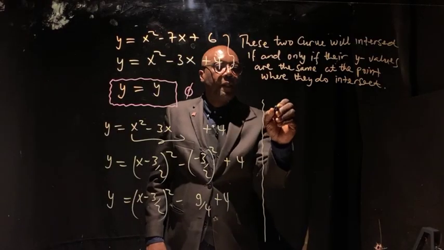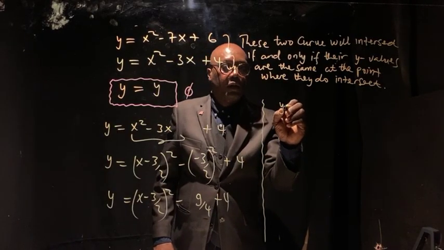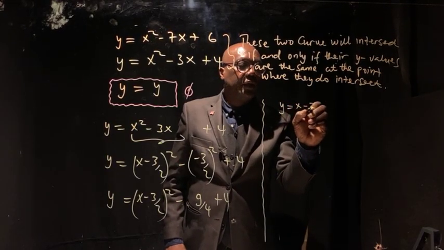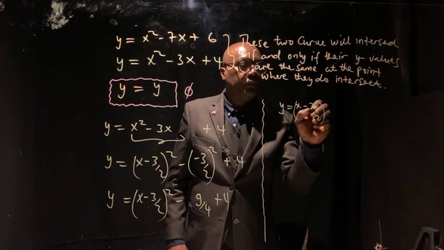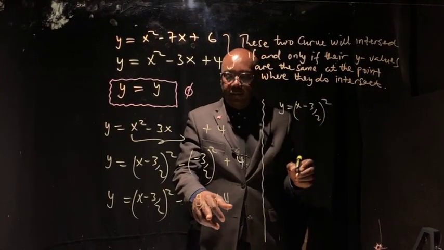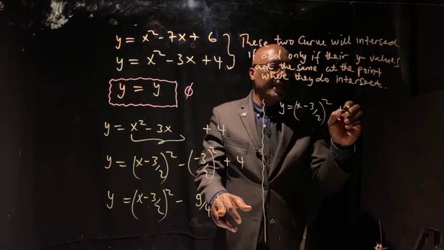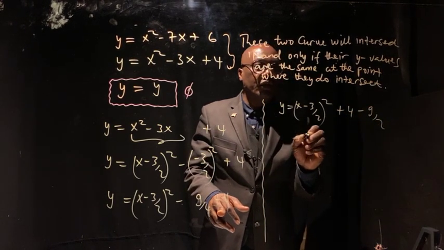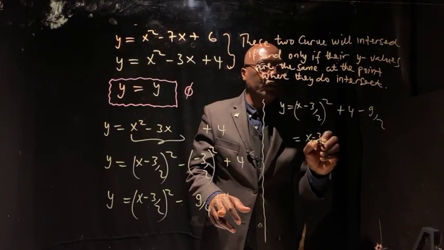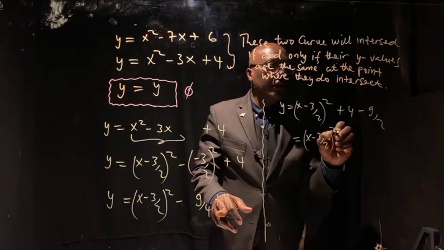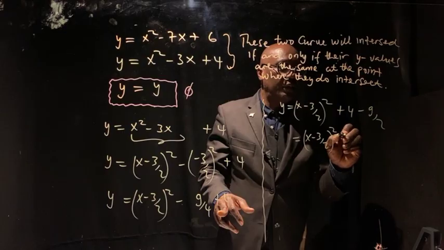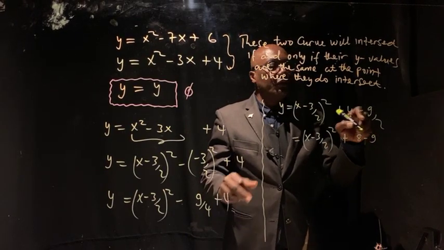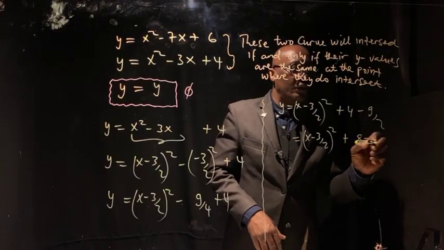If we continue, we have y equal x minus 3/2 squared plus 4 minus 9/4, which is not different from x minus 3/2 squared plus 16 minus 9, over 4.